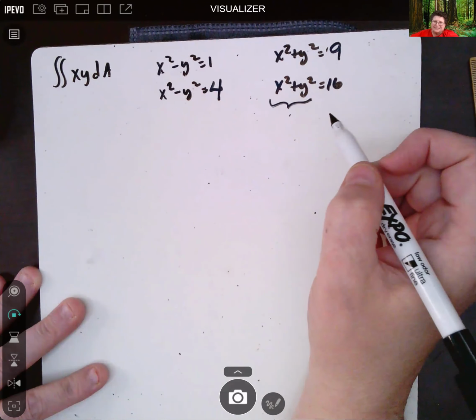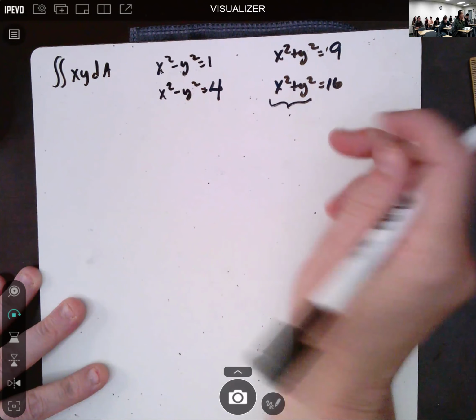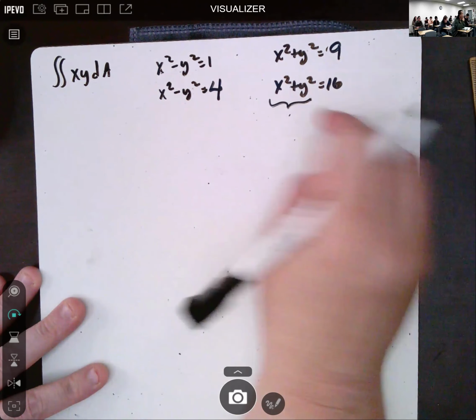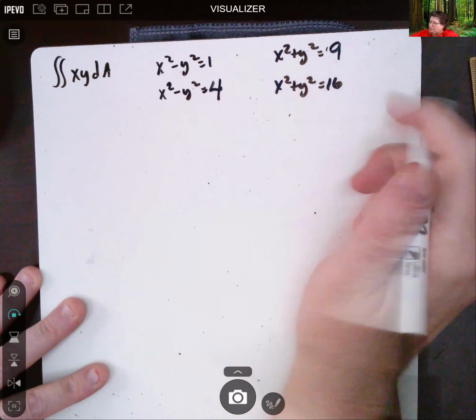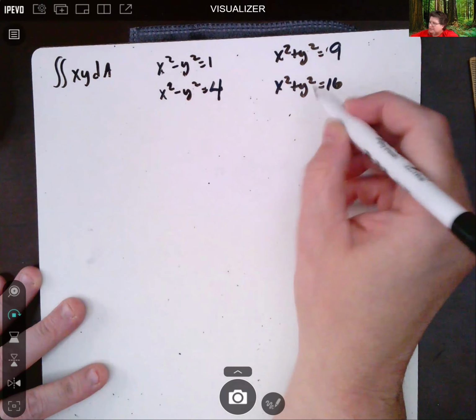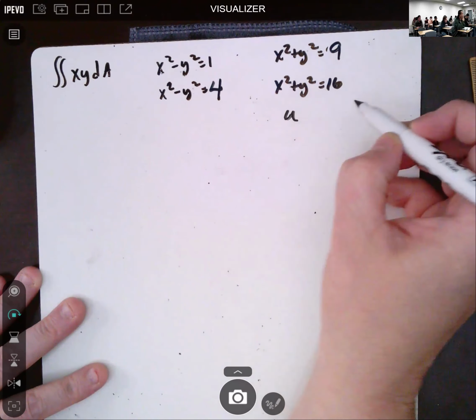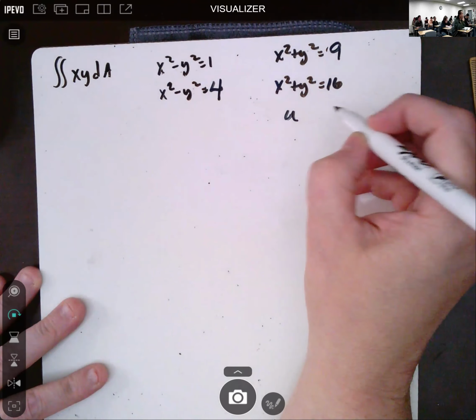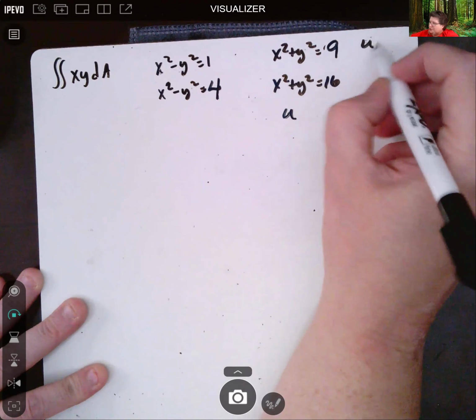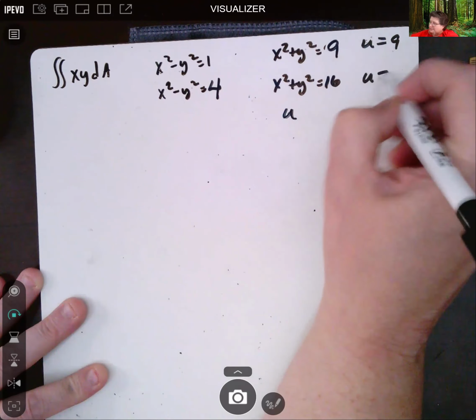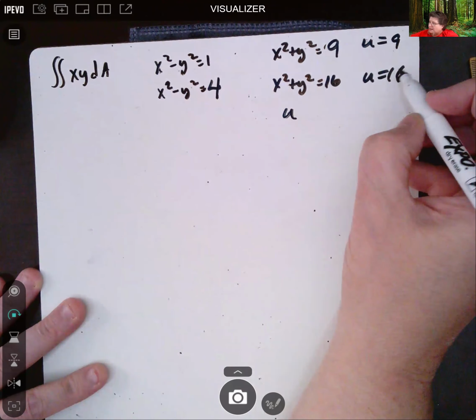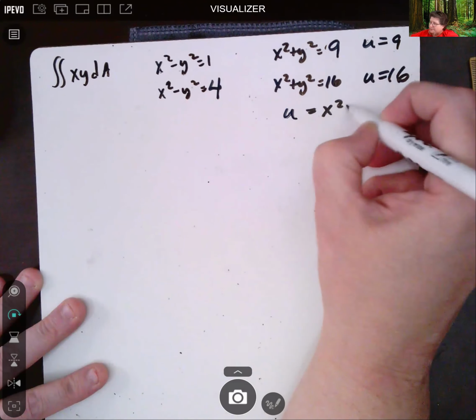X squared plus y squared doesn't factor without imaginary components. So why don't we just let that equal one of our variables? Let's say that equals u. So then I've got u equals 9 and u equals 16. And u equals x squared plus y squared.